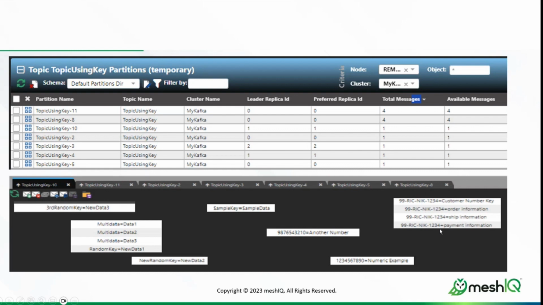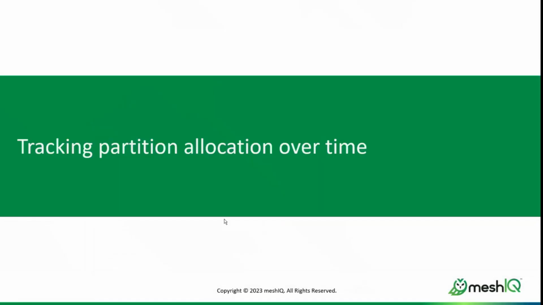And then as expected, the 4 that had my secret code or my customer ID or whatever ended up in the same partition. So again, how the data got allocated, very easy to see. It matched our expectations, bottom line.